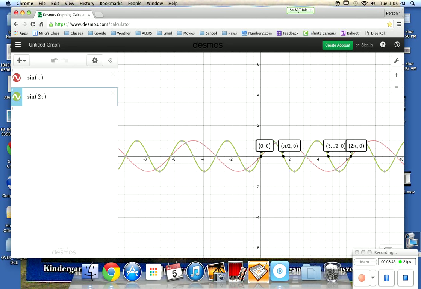Now when we multiplied inside by 2, it took that period and shifted it to half of it. My whole sine wave happens by pi instead of 2 pi.